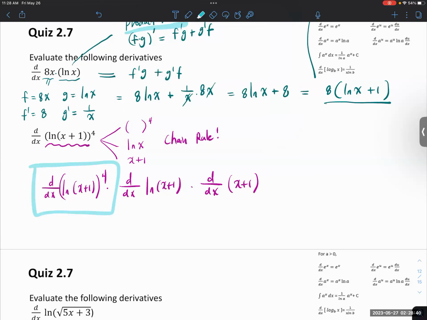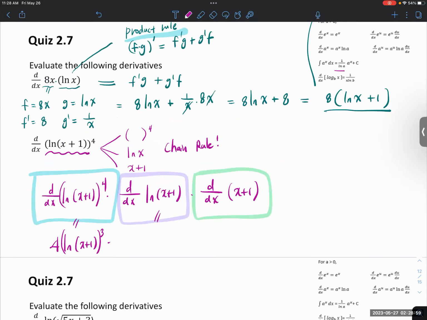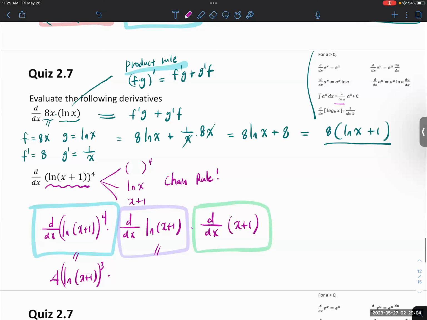Outside, this is the middle, this is the inside. So therefore, this is going to be 4 in front, (ln(x plus 1)) to the third. This is ln, right? For ln x, if you remember, the derivative of ln x is 1 over x.